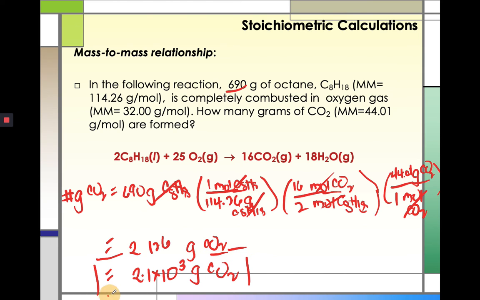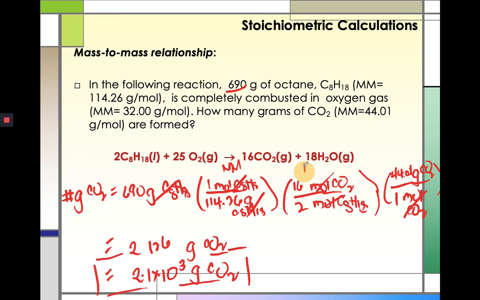So take a few minutes to reflect and absorb. Just take note of what happened here. We are given the grams of octane. We use the molar mass to get the number of moles of octane.